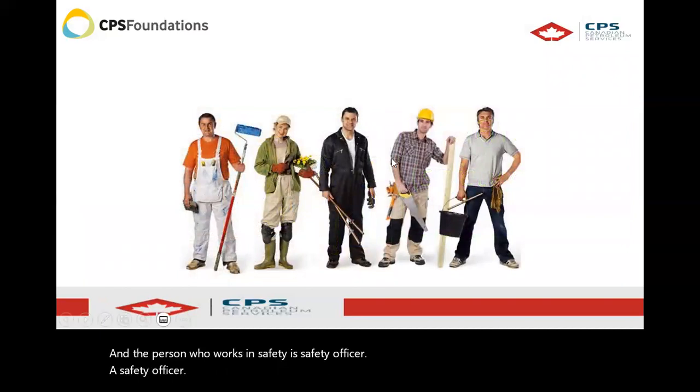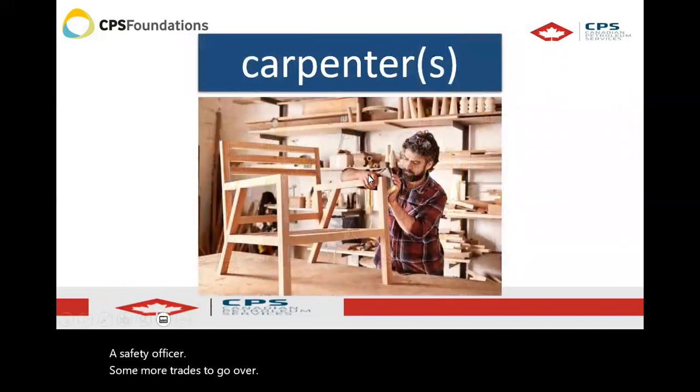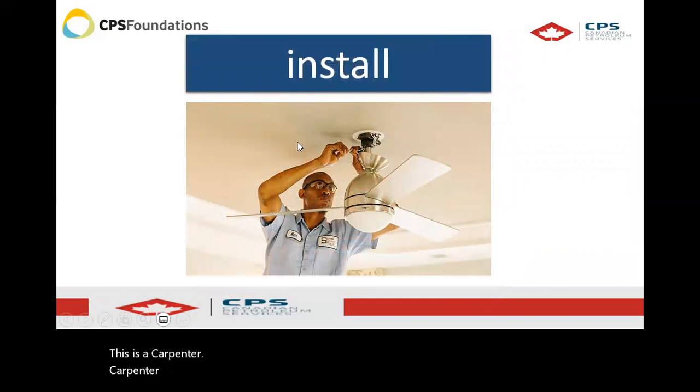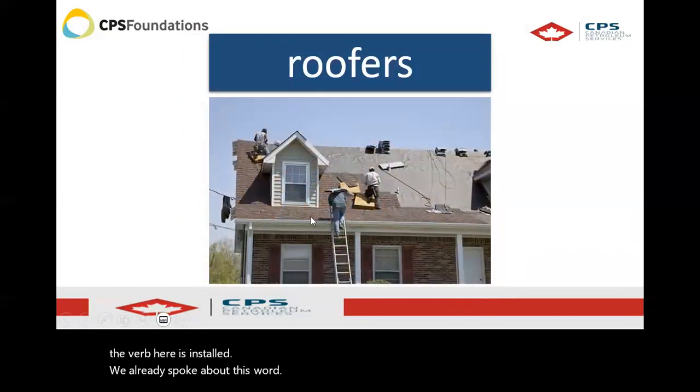Some more traits to go over. This is a carpenter. The verb here is install. We already spoke about this word. These people are roofers. They build up roofs above houses.